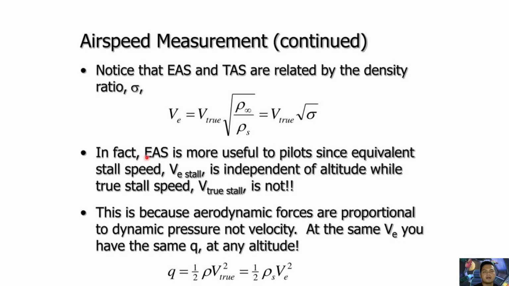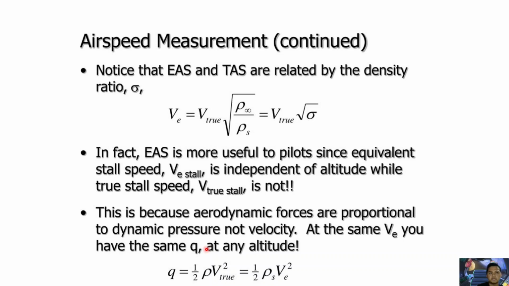So in fact, equivalent airspeed is more useful to pilot since equivalent stall speed is independent of altitude while true stall speed is not. No? This is because aerodynamic forces are proportional to dynamic pressure, not velocity. At the same time, no, velocity, equivalent airspeed, you have the same Q at any altitude. Kasi nga, naka-density base at sea level siya.